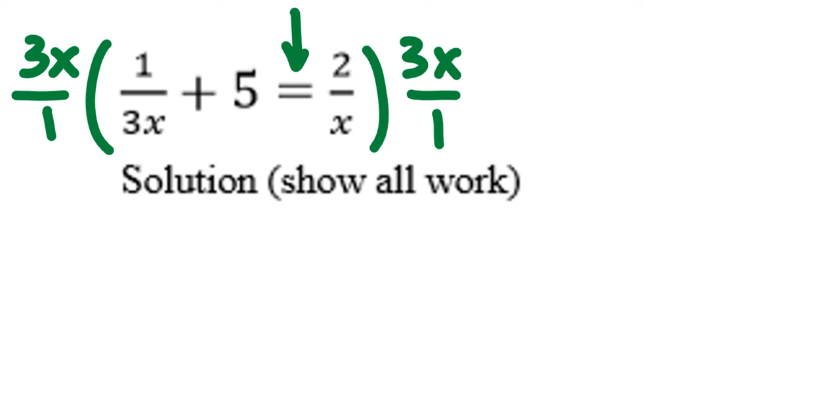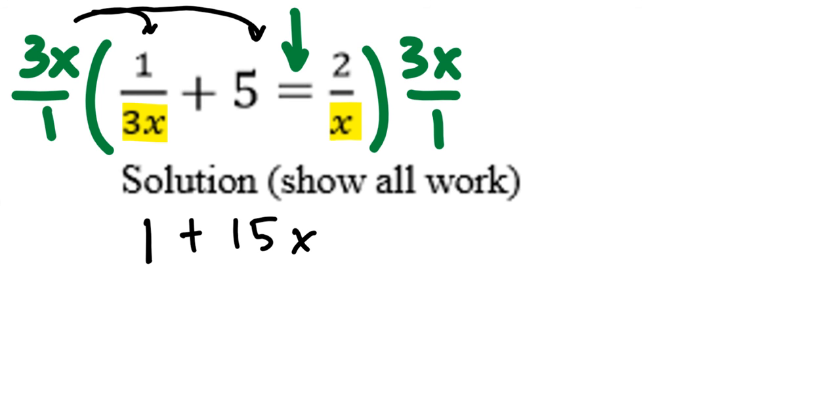I'm choosing to multiply both sides by 3x precisely because I know it will destroy both of the fractions that I see here. Let's go ahead and multiply this. There are 2 terms on the left-hand side, and when I multiply 3x times the first term, which is 1 over 3x, it produces exactly 1. And when I multiply 3x times 5, it produces 15x.